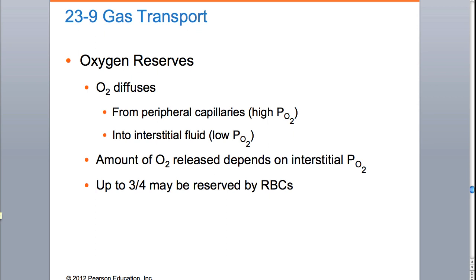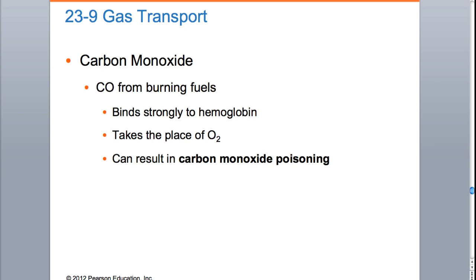That's where I came up with that number. Okay. So the more that stays on, the more that stays on. The more we start using it, the more oxygen pops off. And again, look what happens. The more I put into the cell space, the more it's going to go in that direction. Okay, next line. Carbon monoxide. This is a bad thing.